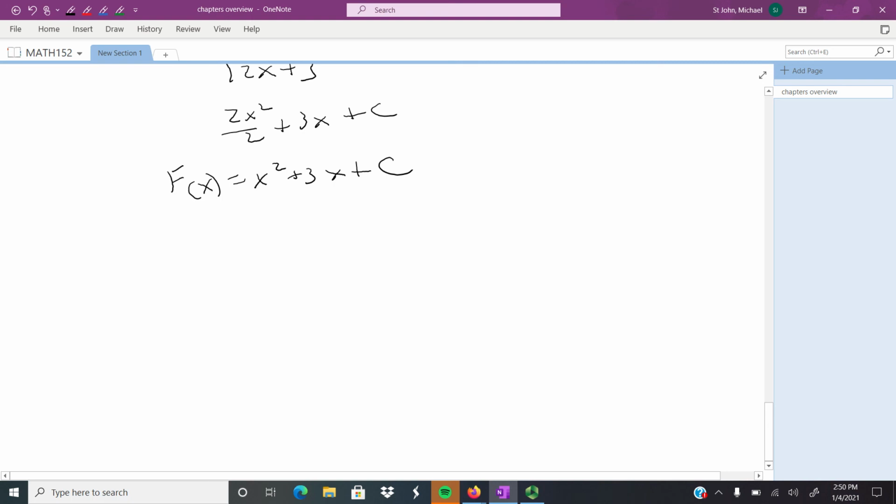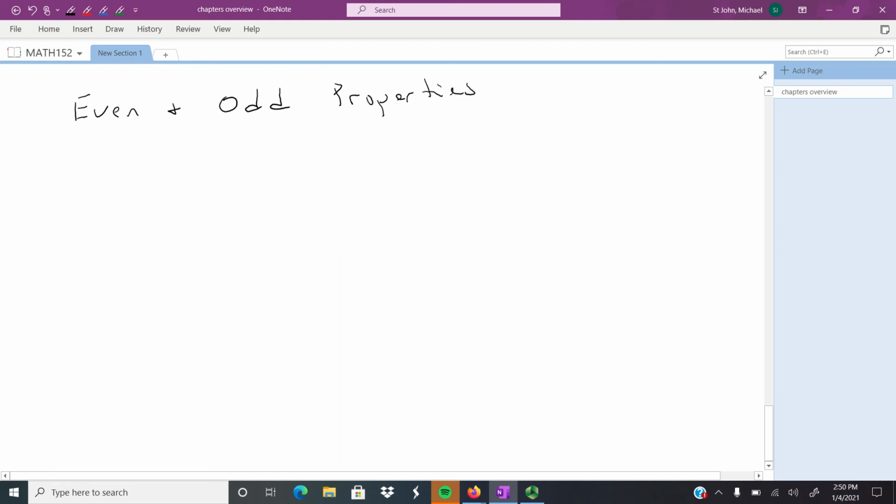The other thing they mentioned in this chapter, they talk about even and odd properties. And that it can make things easier to solve. And so let's just look at that briefly. So for example, first off, even. So let's do my basic x squared graph as a good example of that.